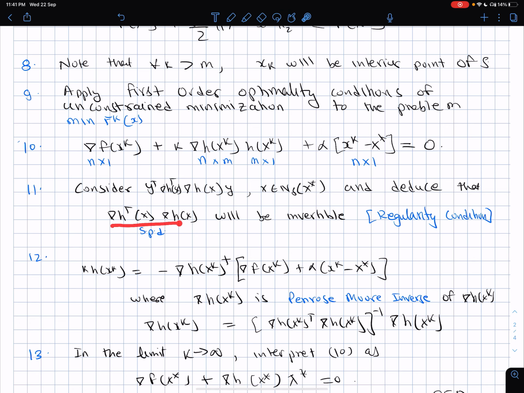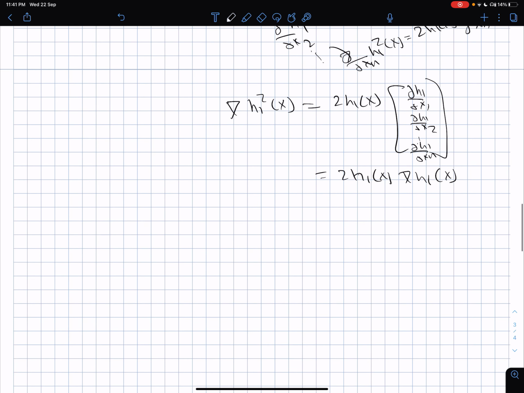I am saying that this matrix, evaluated at xk, is an n cross m matrix. This is the constraint matrix. What is this matrix? This is h1 of x. Second column is h2 of x. Each of these is an n cross 1 vector, and the last one is hm of x.